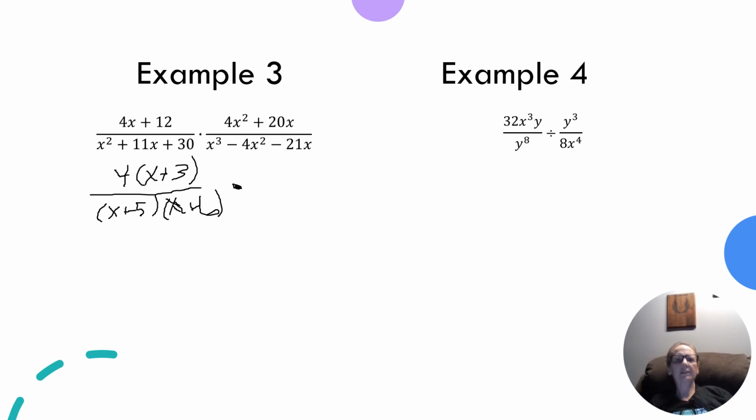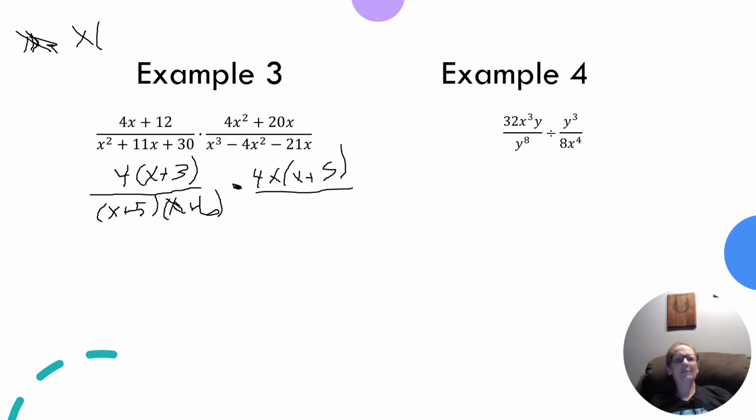In the second fraction, the common factor would be 4x. And then I'm left with an x plus 5. And then in the denominator, I've got an x in common. So if you want to pull it off to the side, I'm just going to do it up here. I'm just going to rewrite that, sorry.